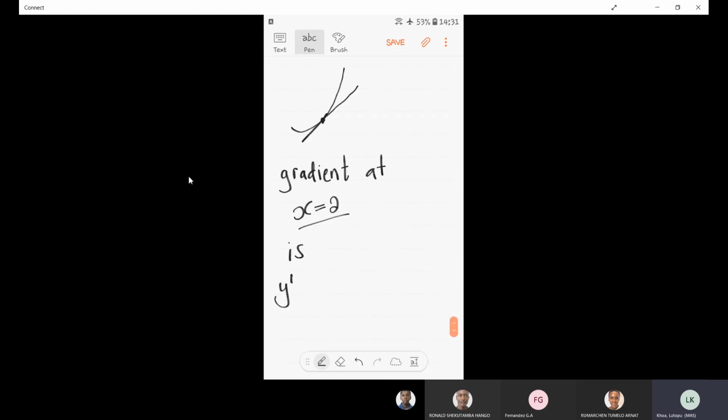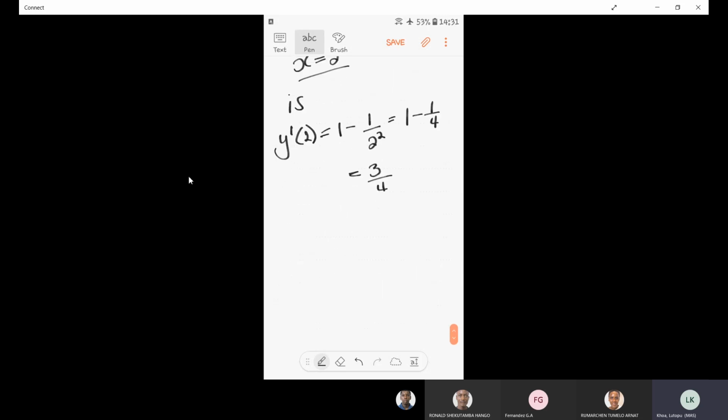We can write it like this, y prime of 2. This is equal to 1 minus 1 over x squared. This is 1 over 2 squared. This is just 1 minus 1/4. This is equal to 3 over 4. So I know the gradient at the point x is equal to 2 is 3 over 4. That means the gradient of the tangent is also going to be 3 over 4.